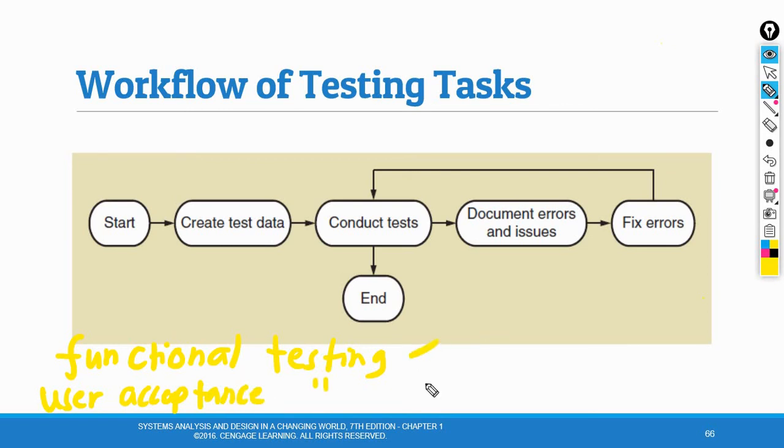Functional testing is usually a test of all user functions and is often done by the QA team, or quality assurance team. User acceptance testing is similar in nature, but it is completed by the users, who test both the correctness of the system and its fitness to accomplish the business requirements.